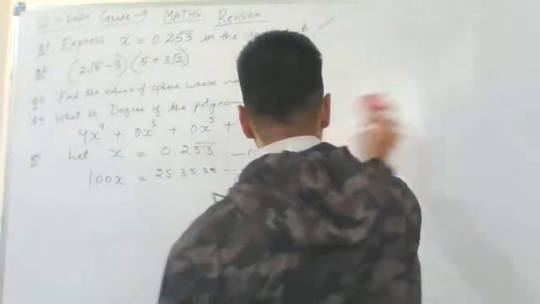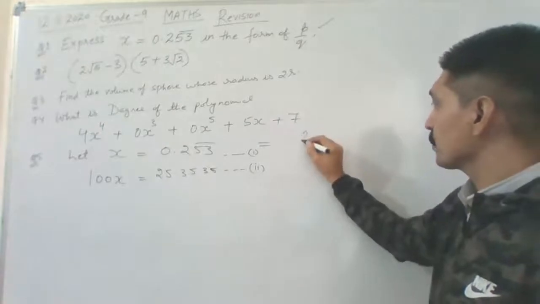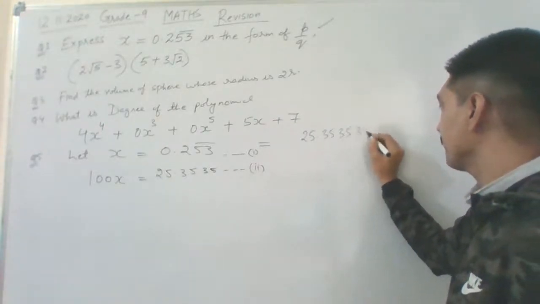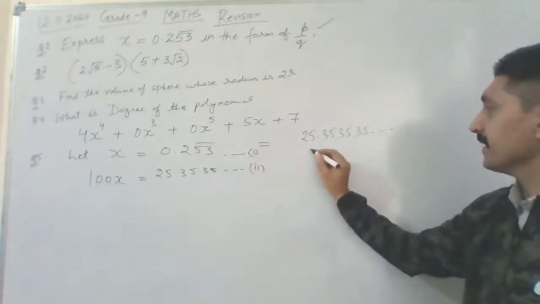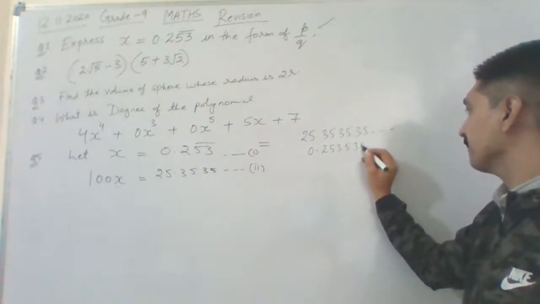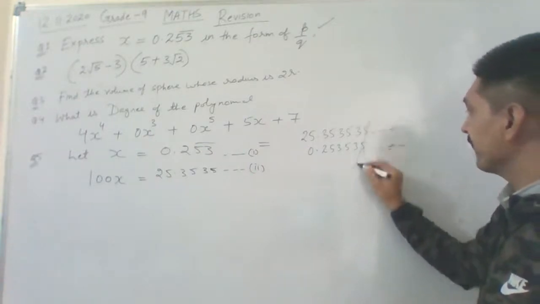When we subtract the numbers, one is 25.353535 and so on, and the other is 0.2535353 and so on. So the 5s get cancelled.